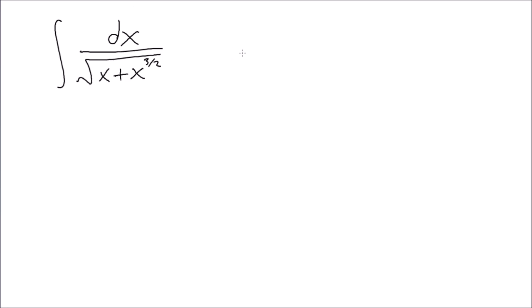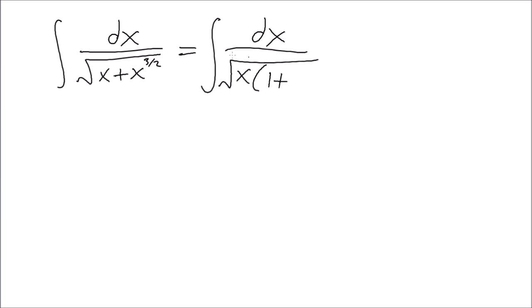Okay, this looks weird. Let's factor x, because this is 3 halves, and this 1 is like 2 out of 2. So of course we can for sure factor this out. So if we factor x out, we get x times 1 plus, and then here 3 halves minus 1, that's a half.